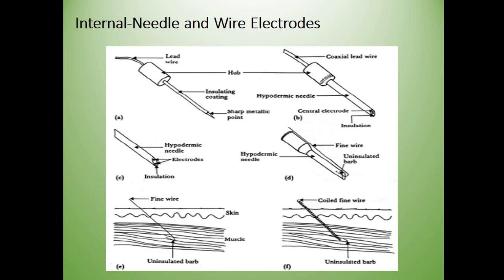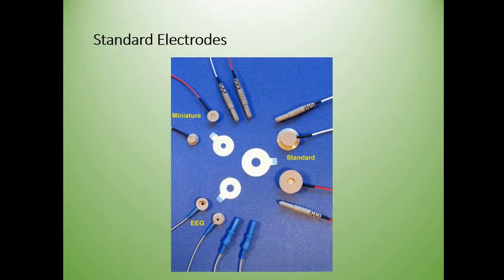They may be very slightly penetrated under the skin. However, in animal studies, they may be penetrated deep down to acquire the necessary signals. And this slide shows the picture of a few standard electrodes.